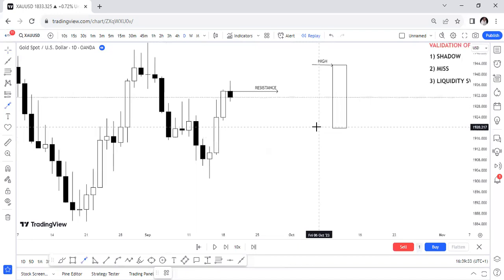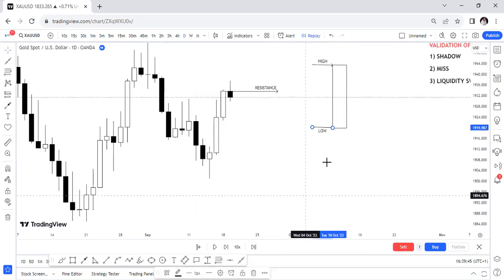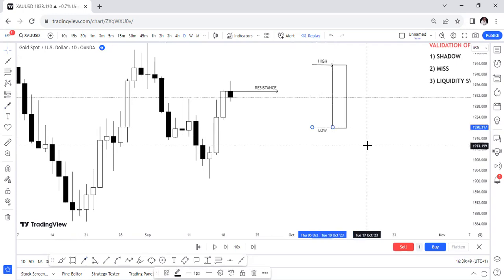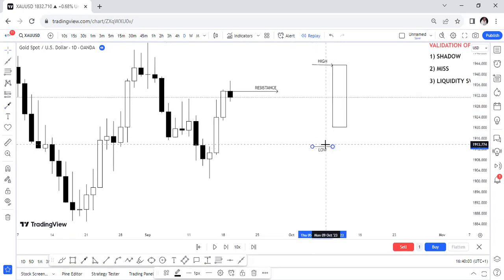Price opens here. That's the low, right? Now, if price opens higher, it must come down to form the low of the day or of that particular time.